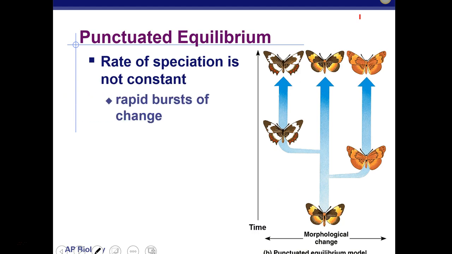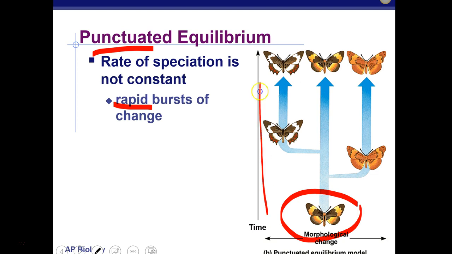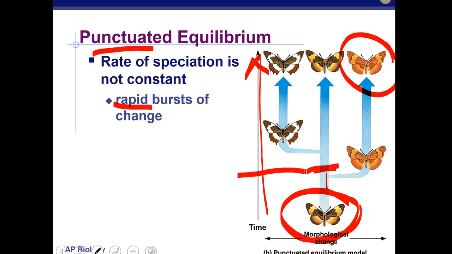Versus punctuated, which occurs really quickly. So time-wise, between the original and the new one, it's the same amount of time, but it suddenly changed. Actually, technically, a lot less time because it changed right there.